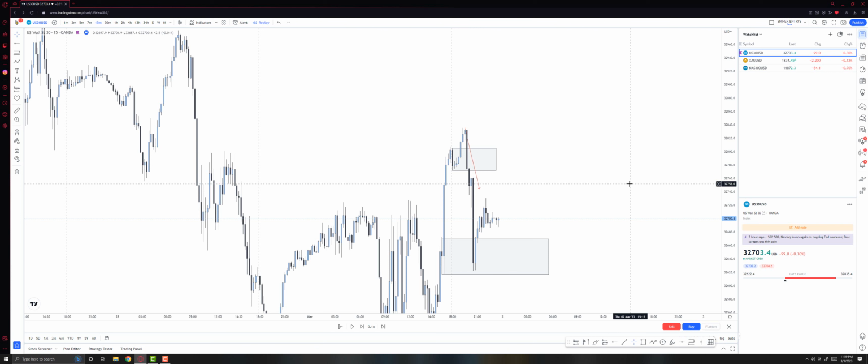So if you want to be really good at this, I know it might sound complicated. The only thing that you have to pay attention to is what happens in the internal structure. Okay, you know your swing high and swing low on the 4 hour or the daily is in a downtrend, but what's happening inside of the internal structure? Are we in an uptrend or minor uptrend?